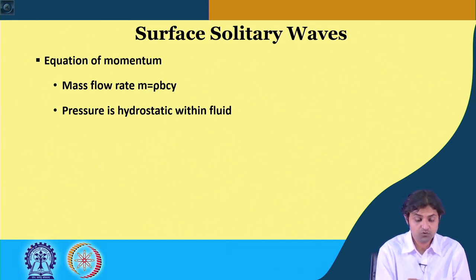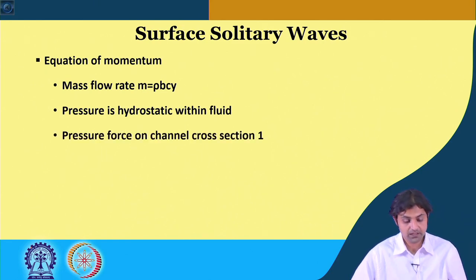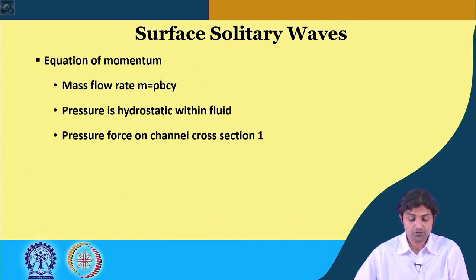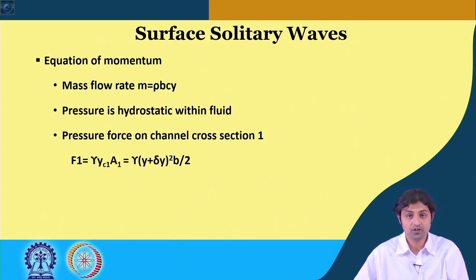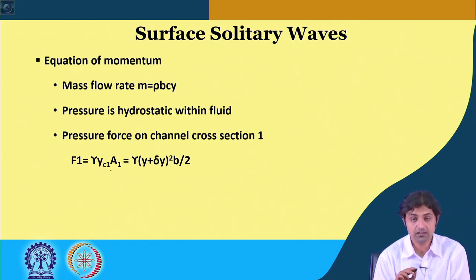We assume that the pressure is hydrostatic within the fluid, and therefore, if you remember from your fluid statics class, the pressure force on the channel in cross section 1 will be gamma y C1 into A1, where the height was y plus delta y.